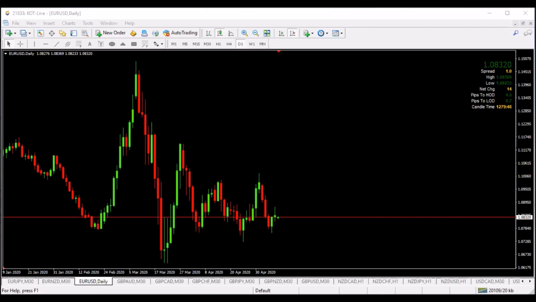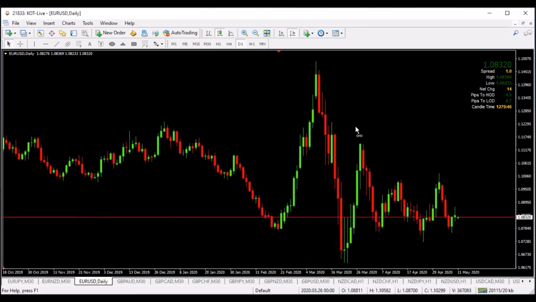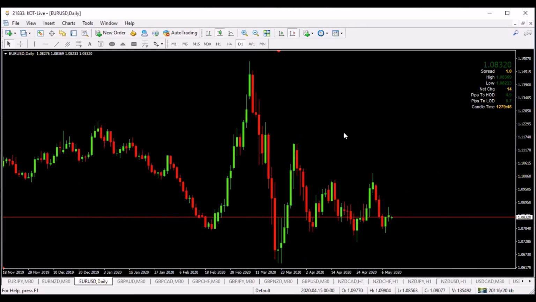Okay, so what I've done is I pulled up the chart EUR USD, which is the euro dollar. Right now, we're on the hour chart. What I like to do is what we call a top-down analysis. I like to look at price and see where price is and where price is going, what price is doing on a bigger scale.